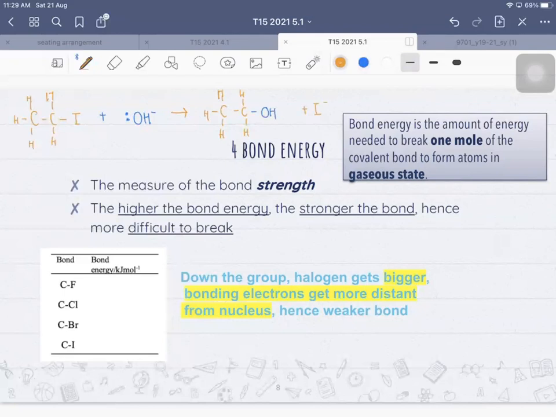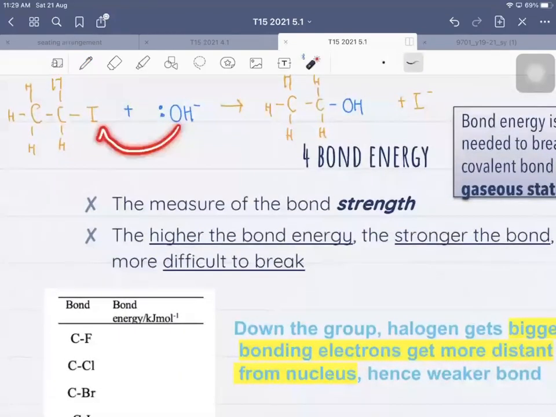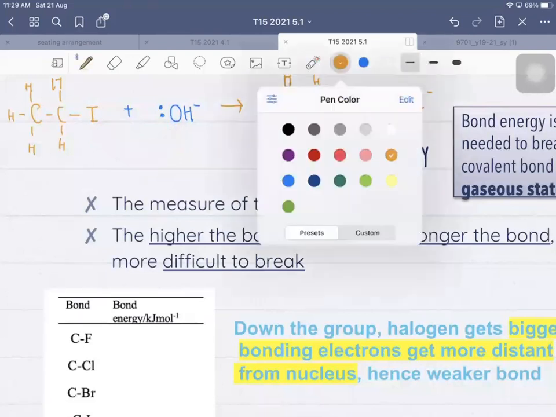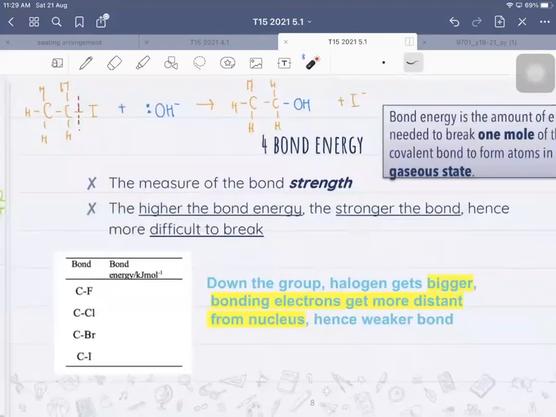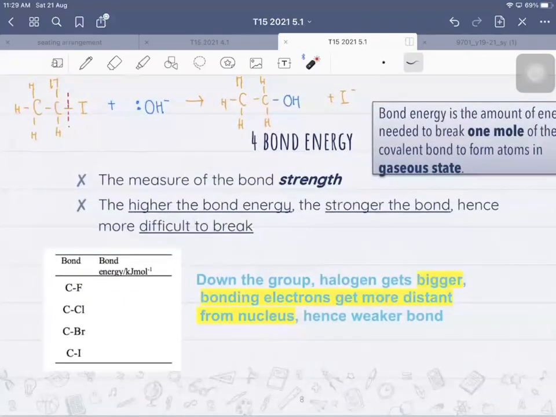In order for hydroxide to kick out iodine in the halogenoalkane, you must first break this carbon-iodine bond. That is why I talked about the bond energy of your C-X bond, whether it's carbon-iodine, carbon-fluorine, carbon-bromine or carbon-chlorine. It all depends on how easy or how difficult it is to break this bond. The higher the bond energy, the stronger the bond is, and the more difficult it is to break.